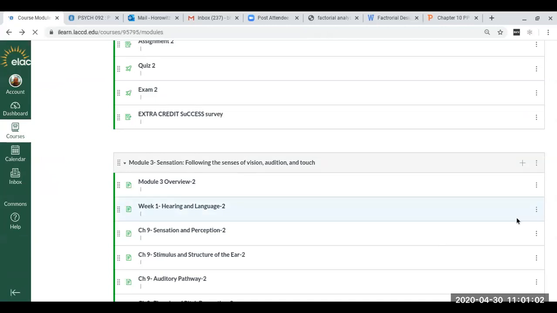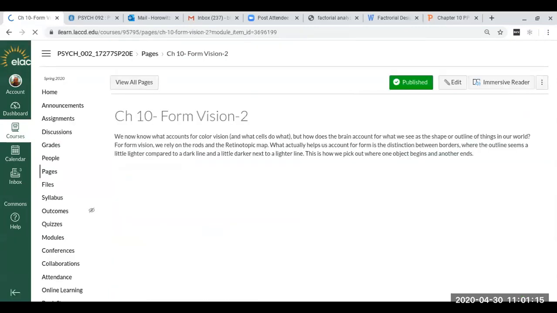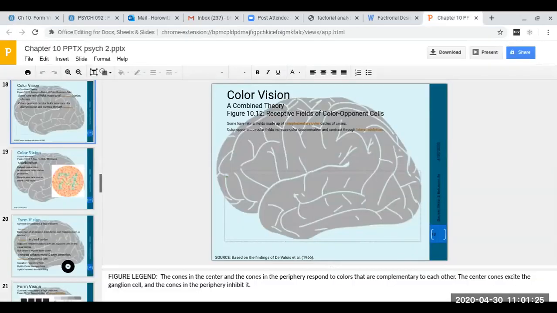Stand by, please. Okay, so I guess we don't have it in here. I'm going to check the beginning of form vision and just see if it was sort of snuck in there. I did talk about the retinotopic map, so yeah, I guess we're out of luck on this picture here, but I think it's just the same idea.